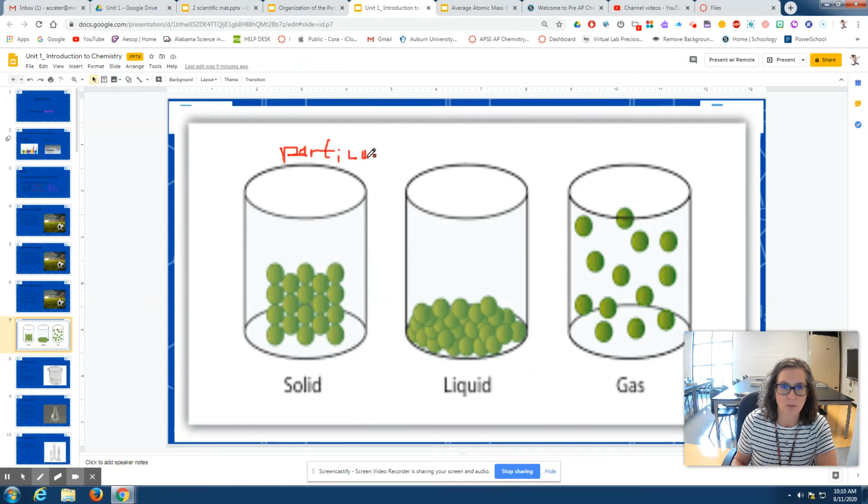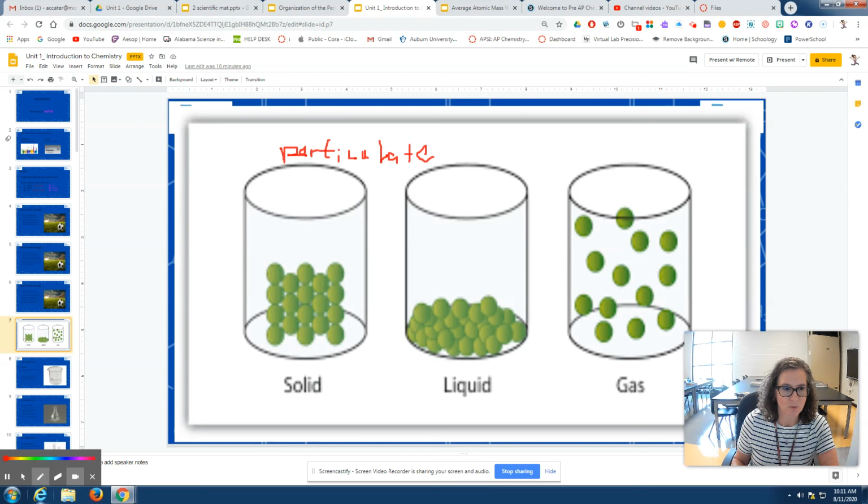I'm gonna have to really practice on this, or bring my touch screen. I think bringing my touch screen is going to be the best bet. Particulate diagrams. Ooh, that looks pitiful.